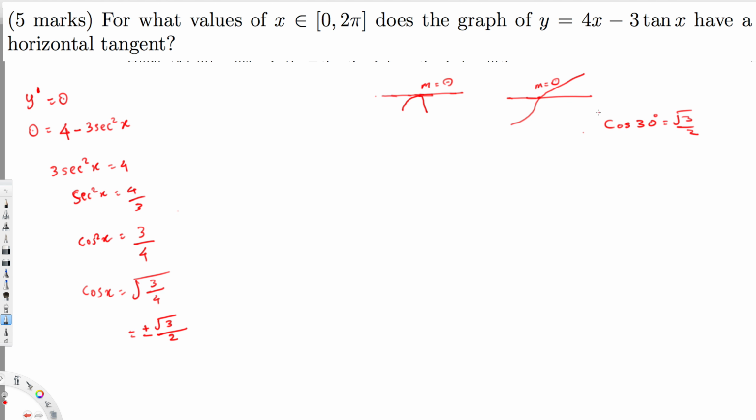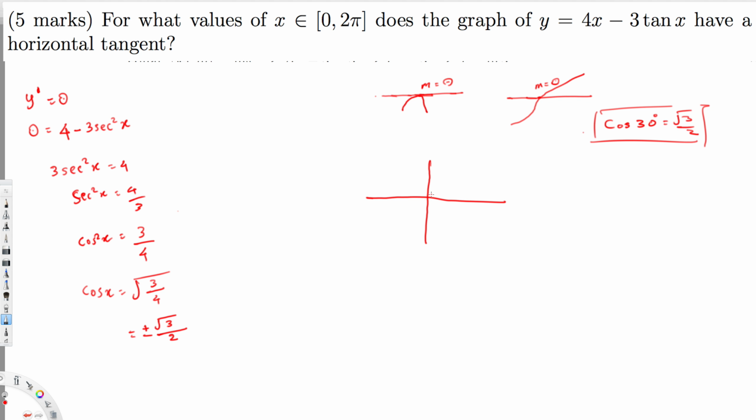We have to remember this. In this case we have plus or minus, which means we have to find all 4 quadrants, because in some quadrants cos is negative and in some it is positive.